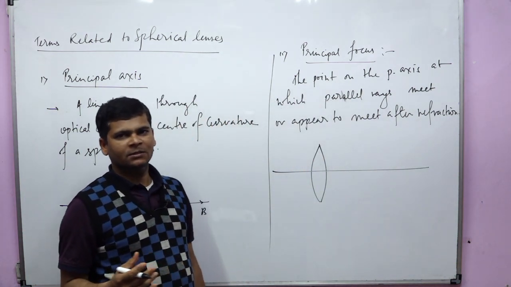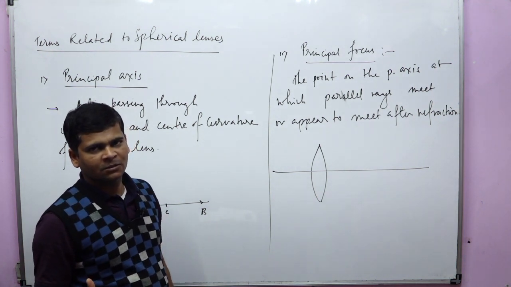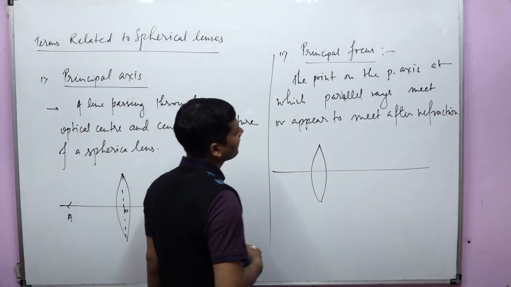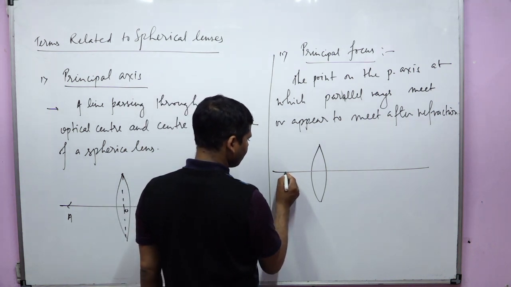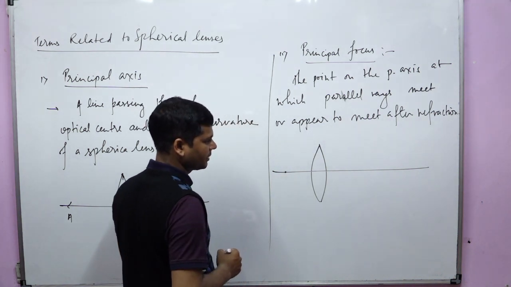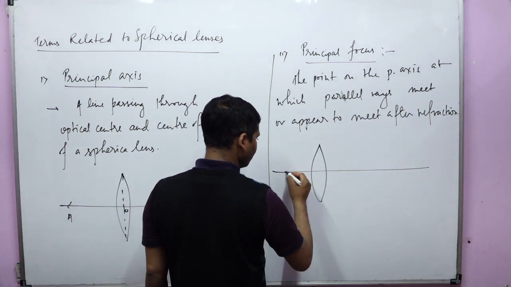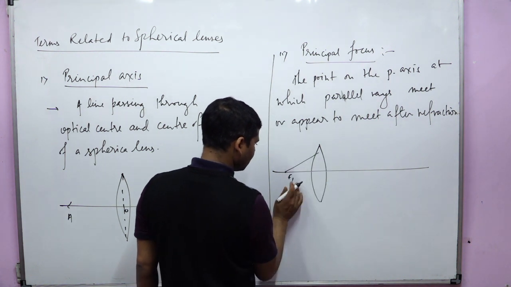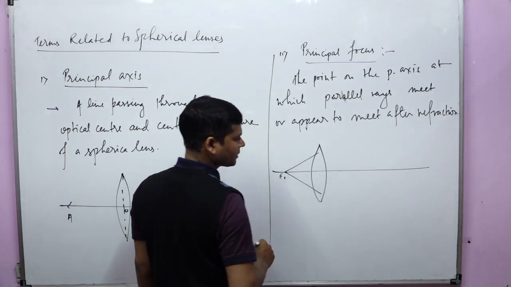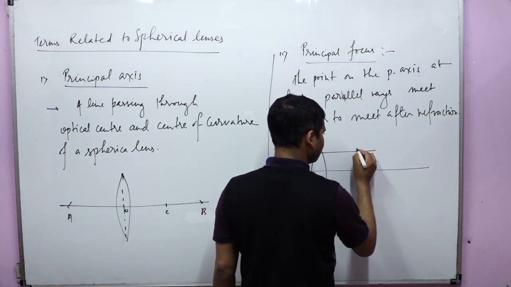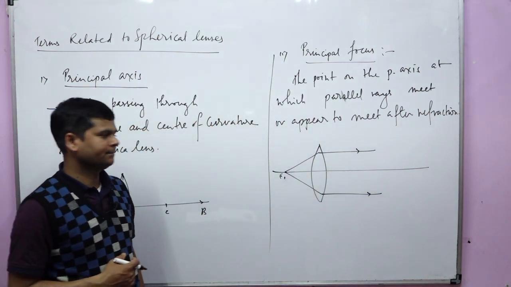Sometimes confusion arises when people talk about first principal focus of a spherical lens. There you have to have a clear idea that it is the point on the principal axis, that is first focus, from where if the rays emerge towards a lens and after refraction they become parallel.